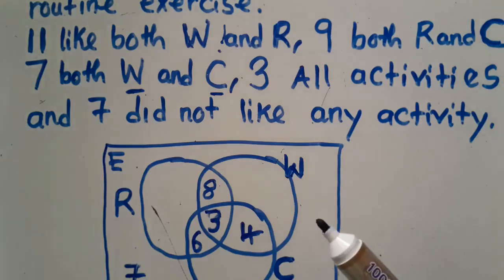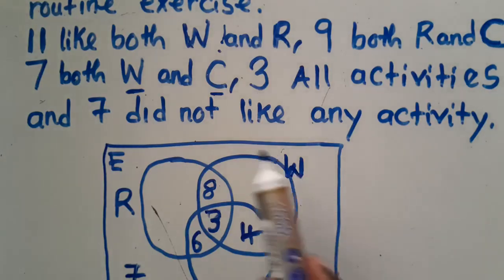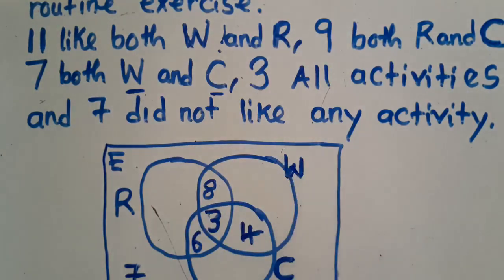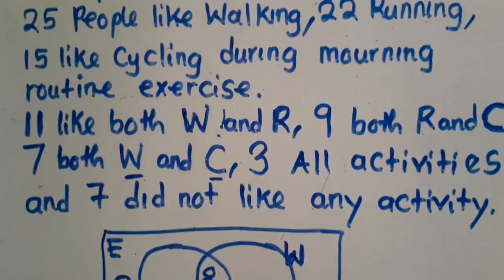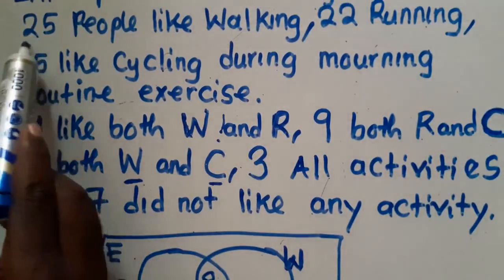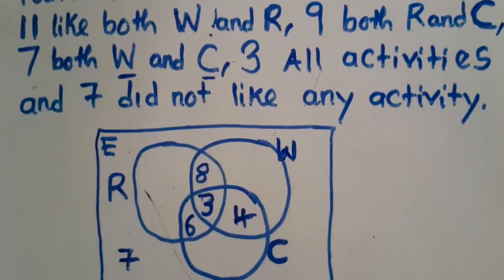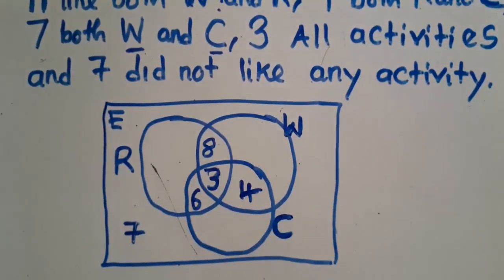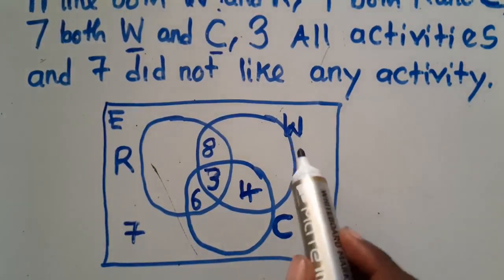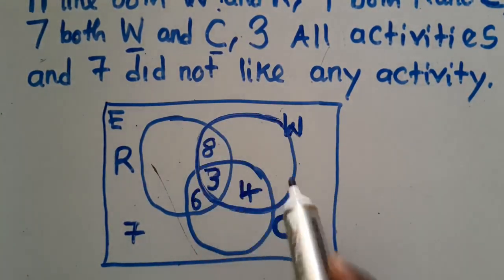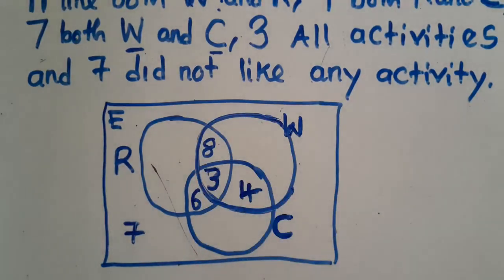After you do this, now you go for those that liked, let's say, walking. How many liked walking? We check. 25 people liked walking. So this is the whole set for walking. What you are going to do is add everything there, then subtract from 25.